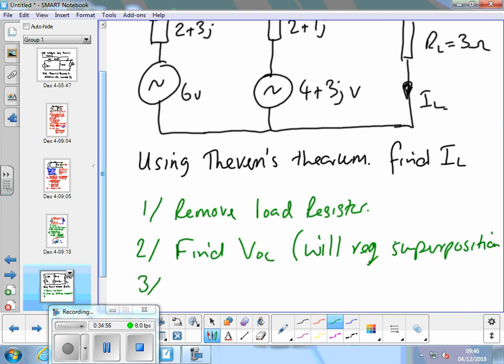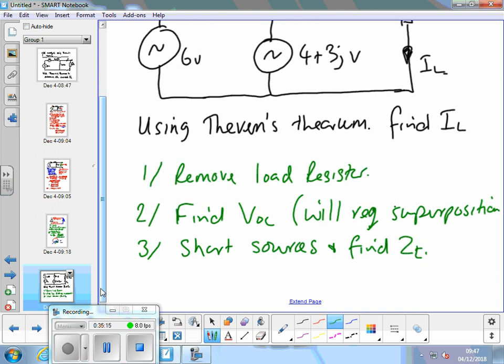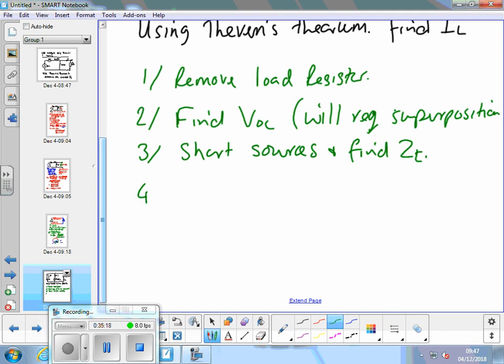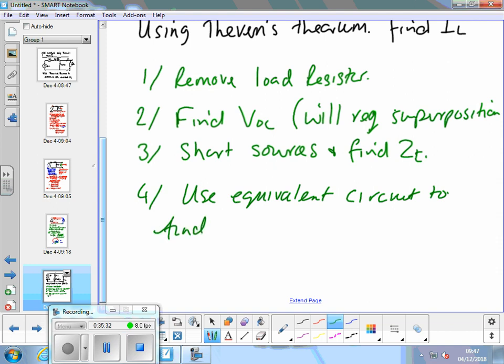3. Short the sources and find Z Thevenin's. 4. Use the equivalent circuit to find I_L.